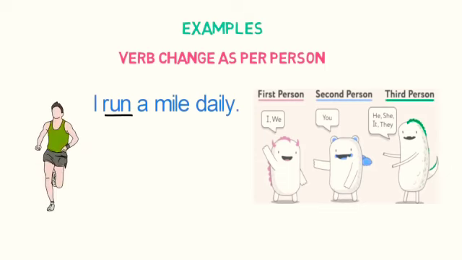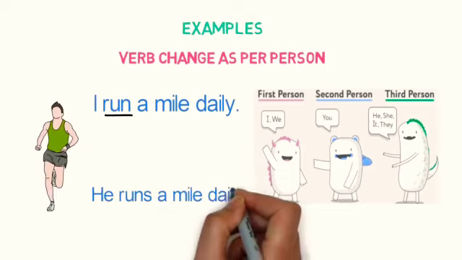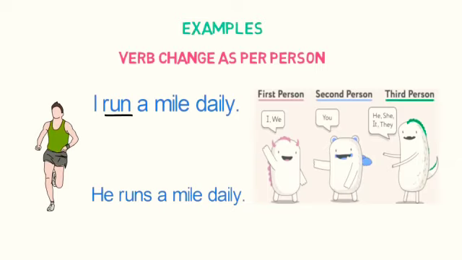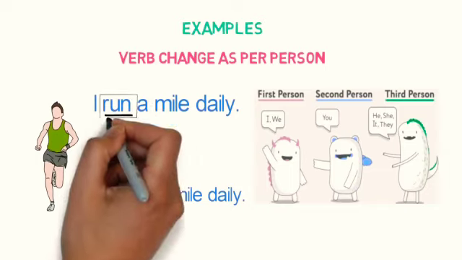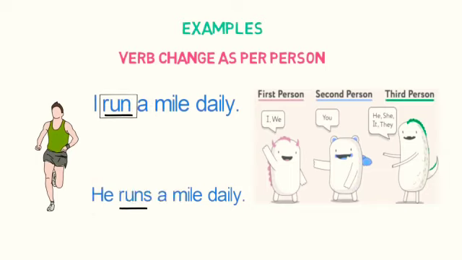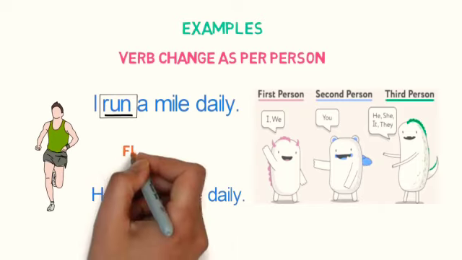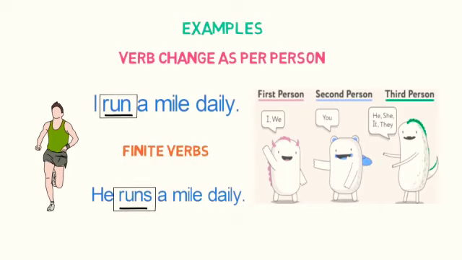He runs a mile daily. Here, the subject he is the third person, and the verb is runs. You can see here that the verb run changes to runs. So both run and runs are finite verbs. Now you are clear how a finite verb changes as per person.